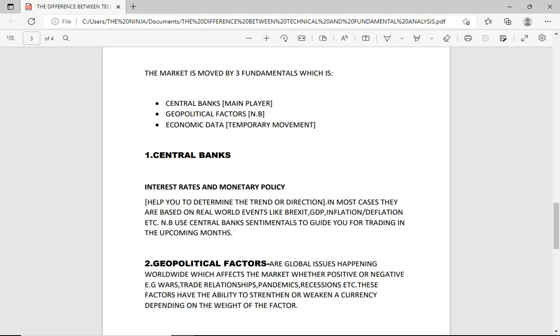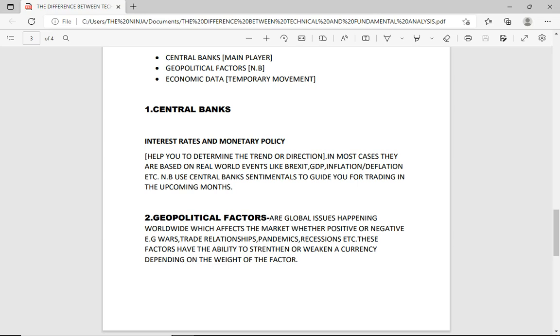So yeah, the second one is geopolitical factors, which are global issues happening worldwide that affect the market, whether positively or negatively, e.g. wars. That's what I was talking about. The current situation that we are facing: wars, Russia and Ukraine, trade relations, pandemics, corona, recessions. These are factors that have the ability to strengthen or weaken a currency depending on the weight of the factor.